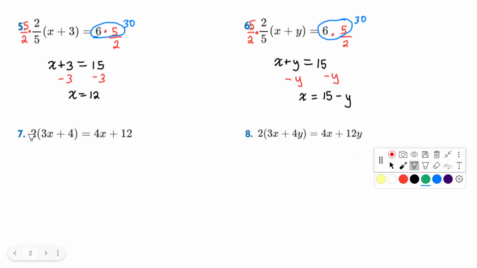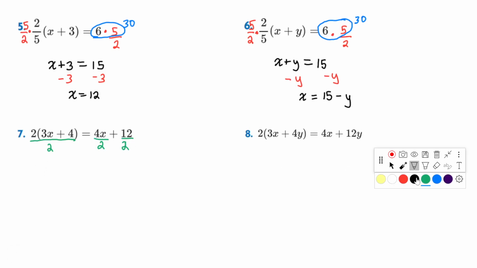If we were to divide both sides by 2, I would divide both the 4x and the 12 by 2. And the only reason I would suggest dividing by 2 rather than distributing it is because it gives us a simpler equation to work with. It simplifies the values we have on the right side while also undoing this multiplication.